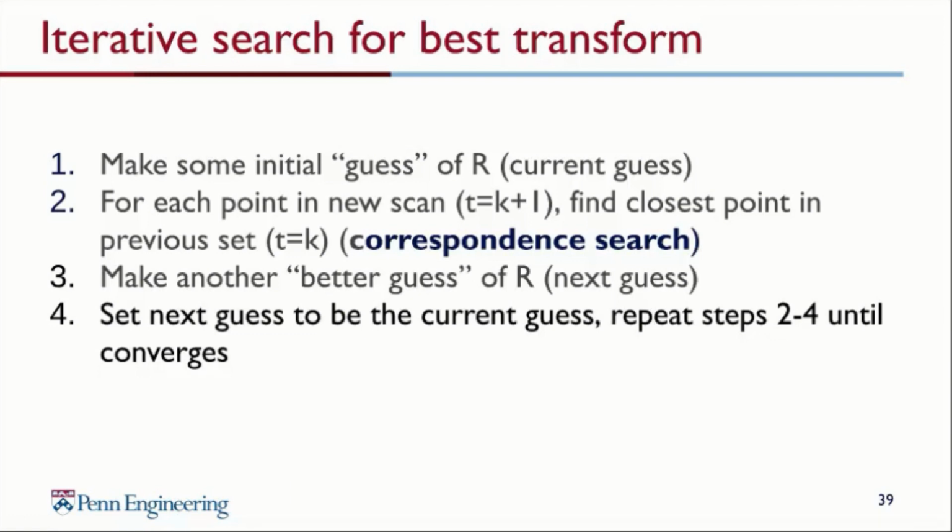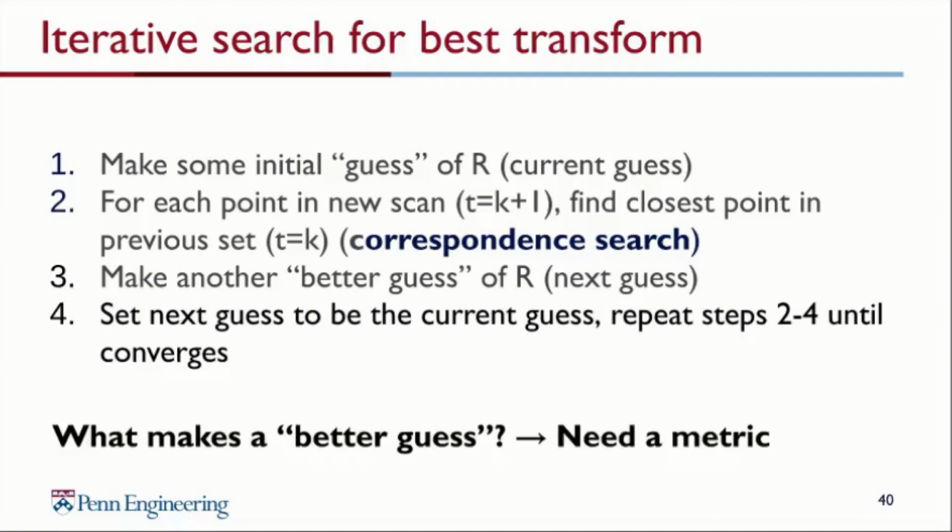Now, based off of the correspondences, the algorithm will make another better guess of R and set this next guess to be the current guess and repeat steps 2 to 4 until it converges. Here, the key question is, how do we actually determine what is a better guess? And part of the answer is that we need to find some sort of metric, which we call a match function, in order to determine what is a better guess.